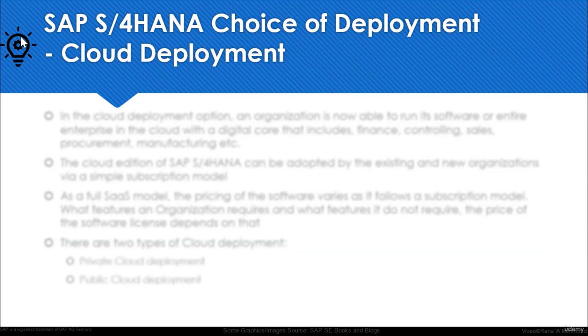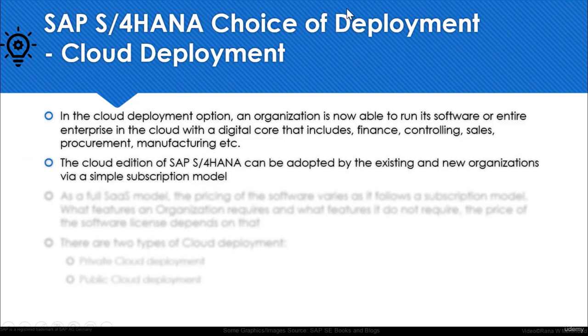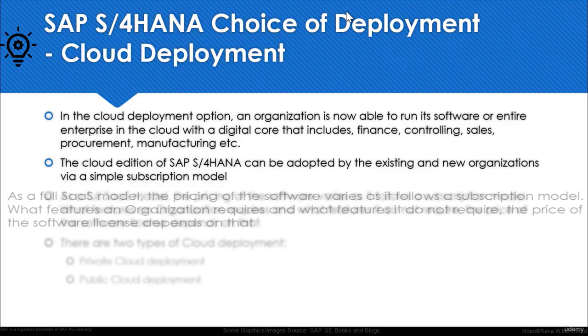The next is cloud deployment. In the cloud deployment option, an organization is now able to run its software or entire enterprise in the cloud with a digital core that includes finance, controlling, sales, procurement, manufacturing, etc. The cloud edition of SAP S4HANA can be adopted by existing and new organizations via a simple subscription model.